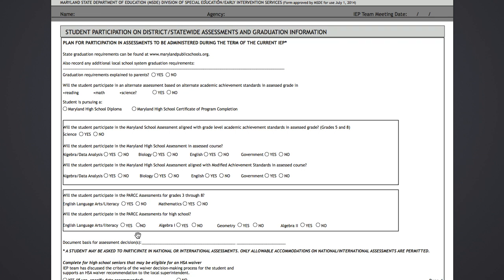In addition, the parents or the guardians should also receive the results of the HSA if children have taken the HSA. And if we determine that students may not be eligible for graduation, we need to have some sort of assistance plan in place if we anticipate that may happen.